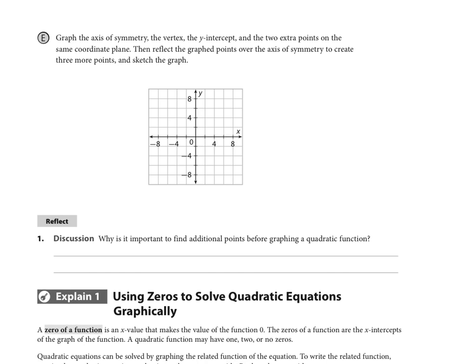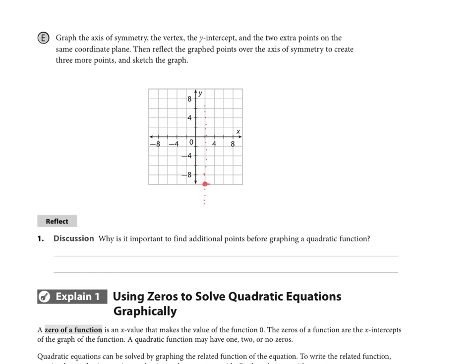Then it says graph the axis of symmetry, the vertex, the y-intercept, then 2 extra points on the same coordinate plane. Then reflect the graph points over the axis of symmetry to create 3 more points. What does that exactly mean? First we're going to plot our vertex, which was at (2, -9). My axis of symmetry goes through that.